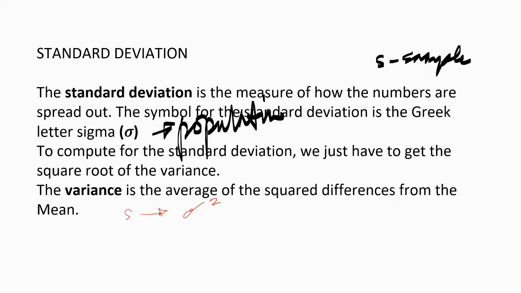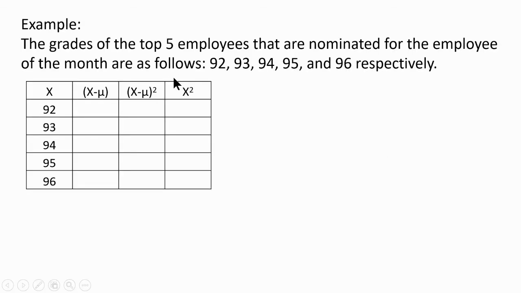Now, let's have an example here for some particular scores. So for example, you have here a set of scores of 5 employees wherein you have 92, 95, 93, 95, and 96. So again, rule of thumb is arrange them in increasing order. So ito, in-arrange ko na siya in increasing order here. And then get the total of the sample.